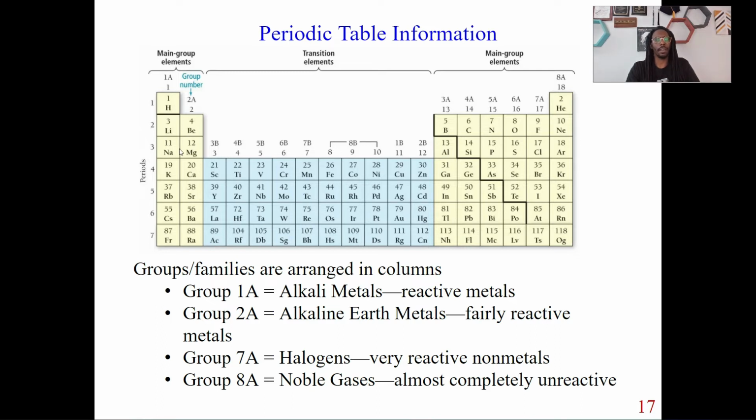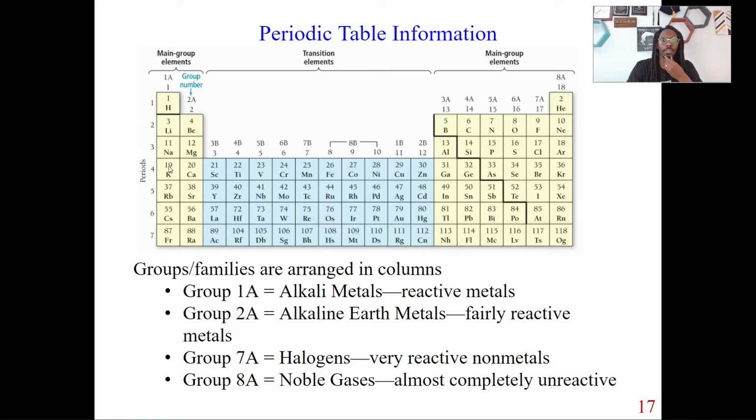When I'm saying group 1A, we're not going to include hydrogen in this group. We're really talking about lithium and down. Hydrogen is kind of on its own, doing its own thing. But from lithium and down, we're going to see very similar properties. These are alkali metals and they're very reactive.